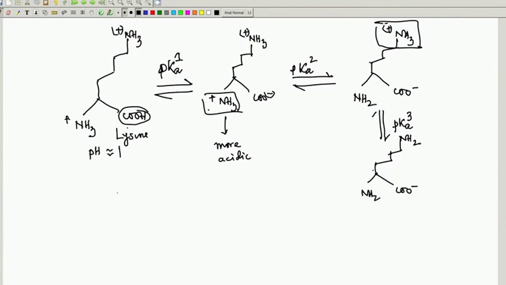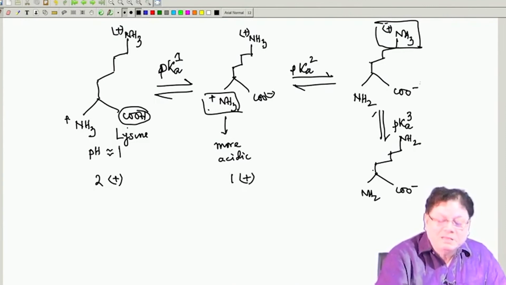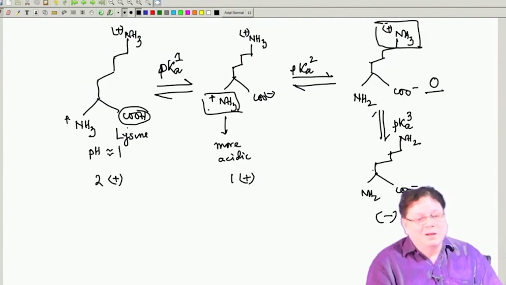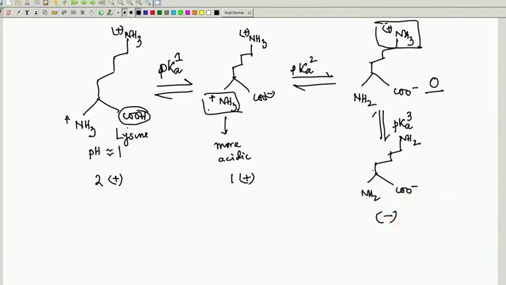So, now you just count the charges. This has got 2 positive charges, this has got 1 positive charge, this has got no charge, 0. So, that is the zwitterion, and this has got a negative charge. Okay. Now, what did I say last time? To calculate the pI of a system, you first consider which is the zwitterion.